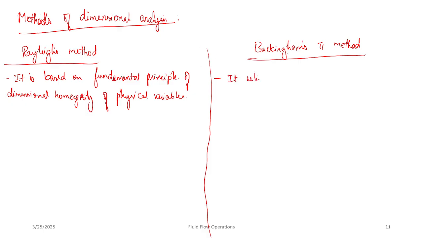Sometimes there might be a repetition of variables, which is why you have to mark them as repeating variables.